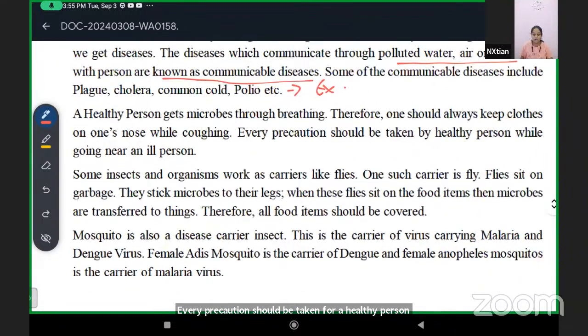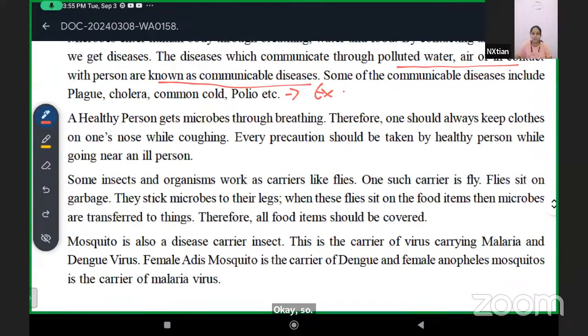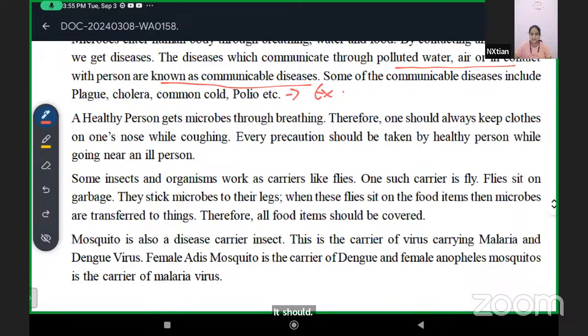So when you're going near an ill person, you should cover your nose, and they should cover their nose too while coughing or sneezing. The cold is also a communicable disease, which gets transferred if the microbes enter your body through breathing. It can cause a cold in your body.